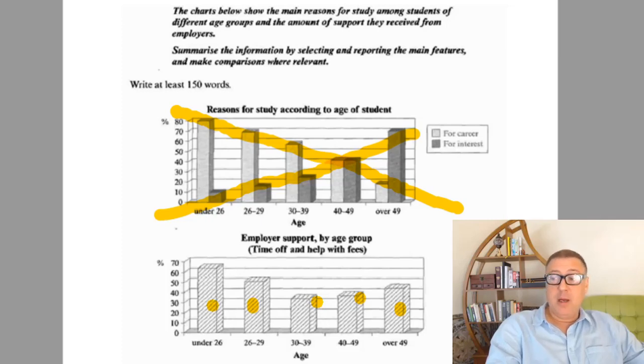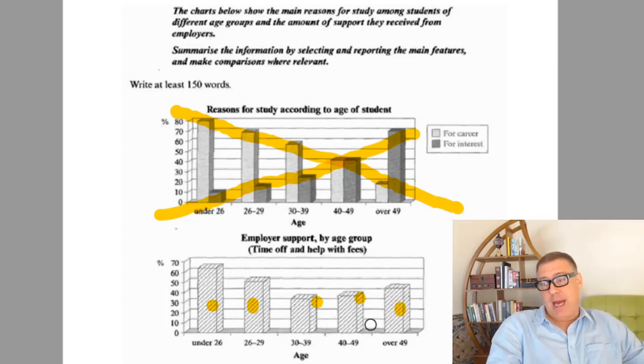The numbers drop off from there, with age 30 to 39 receiving just over 30%, and age 40 to 49 receiving slightly more than that. Once we are dealing with students over the age of 49, there is an increase in the amount of support paid by employers to more than 40% of those students.